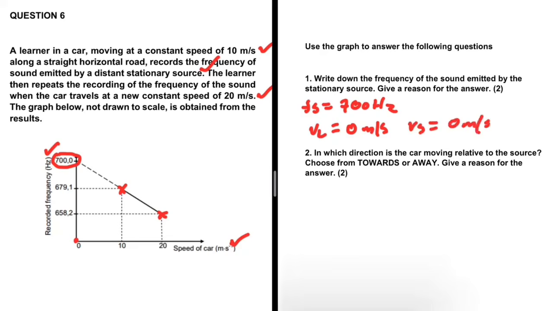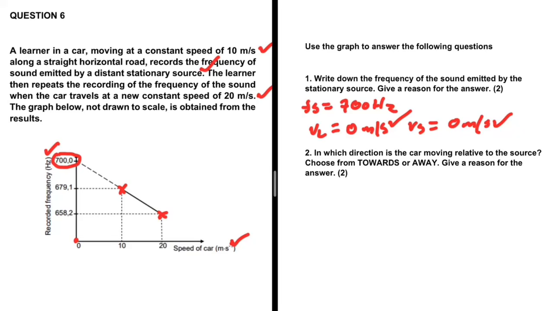When the listener is stationary and the source is stationary, there is no Doppler effect taking place. There's not going to be a change in the frequency observed. So that is why we are saying that the frequency emitted by the stationary source is 700 hertz.